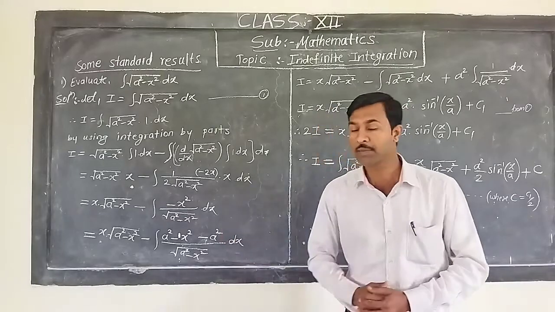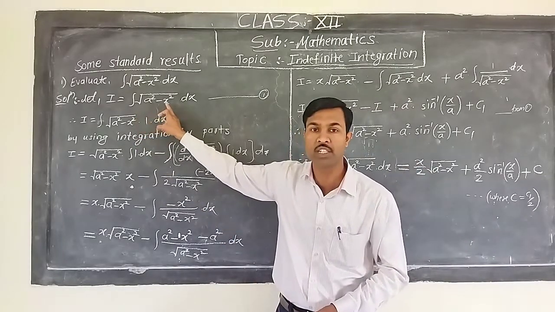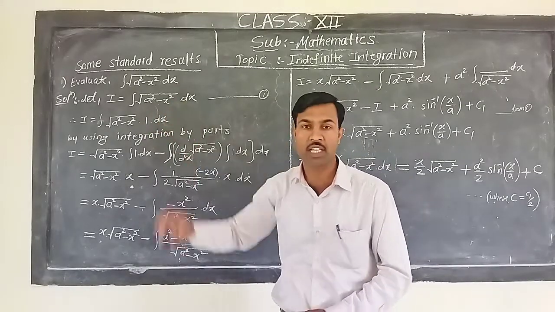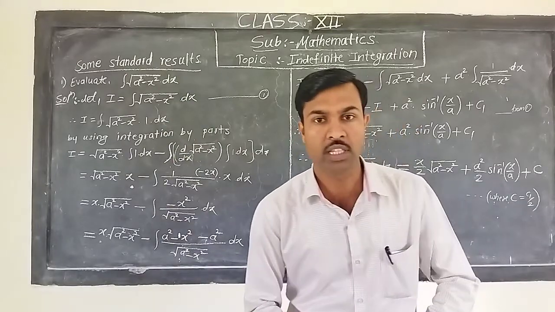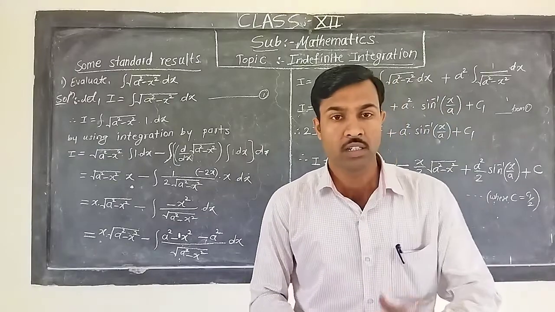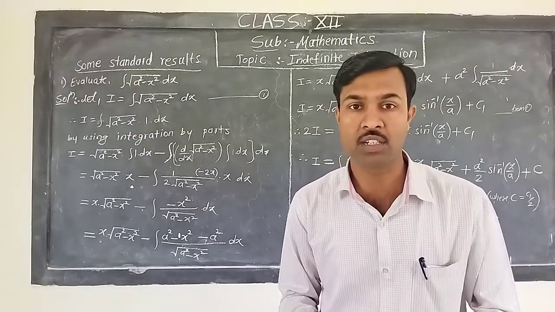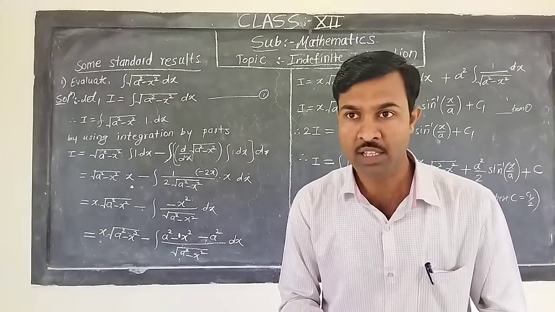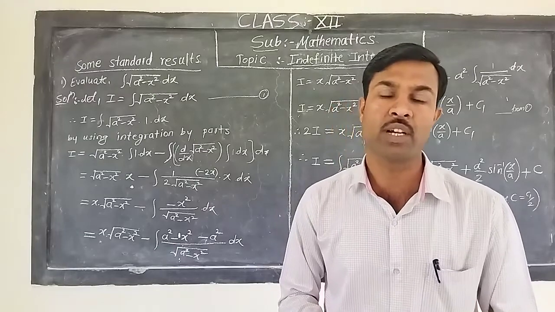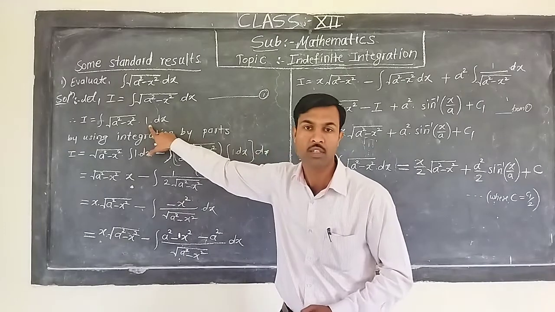So look here: integration of under root of a square minus x square into dx. Friends, we can take 1 as a multiplication in such cases. Recently I told you that whenever there is a question for integration of sine inverse x or cos inverse x, with only one function, while solving the integration we have to take the second function as 1.